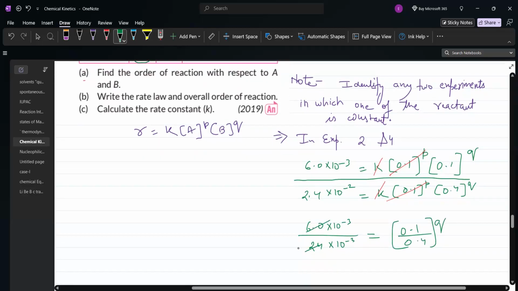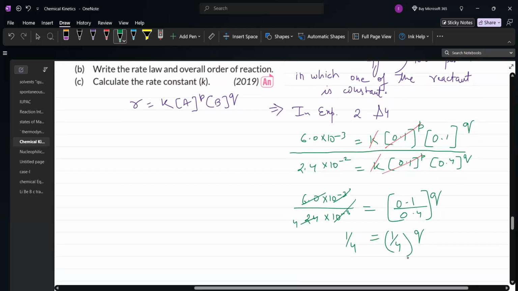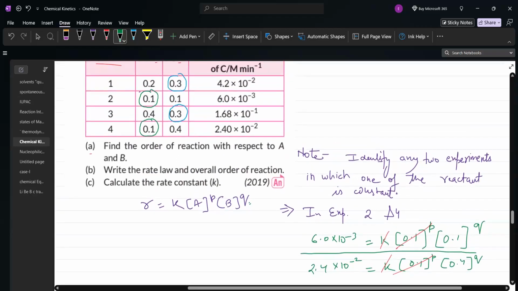So we will cancel, 6 fours are 24, this is cancelled. 1 by 4 is equal to 1 by 4 power q, right? So what will be the value of q, Zaina? Q will be 1. Rishita, good? Yes, sir. Okay. So q is 1 here, right? So we have got the value of q here. Good? No problem?